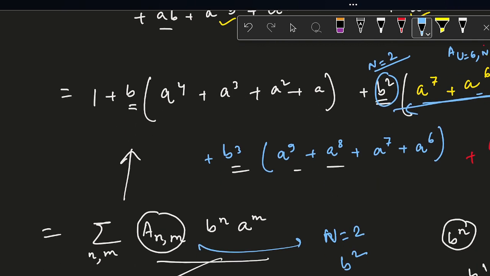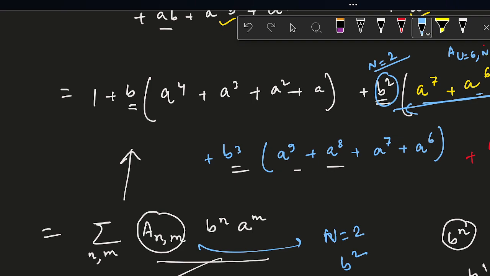So you need to find the coefficient of a to the power 4 b squared, a to the power 6 b squared and a to the power 7 b squared. After that, it will give you the e to the power of this value, and you just have to take the ln of that value and you will get the value of s for a particular u and n, right? So this is pretty similar.